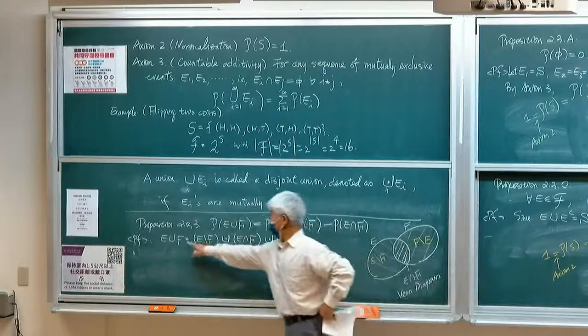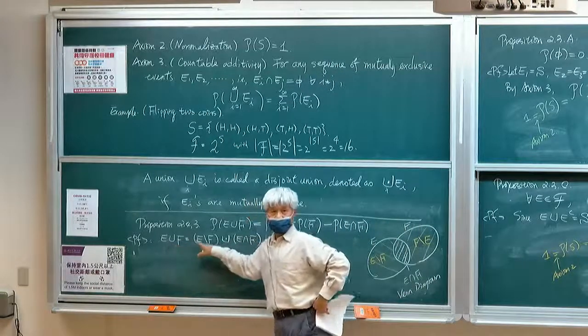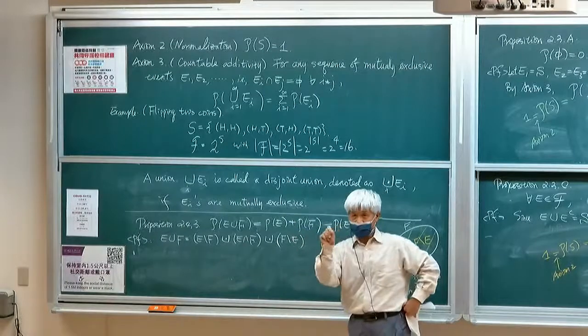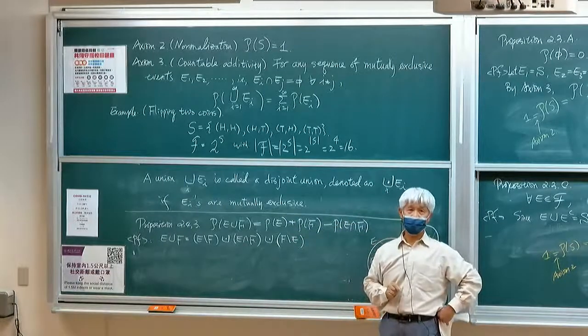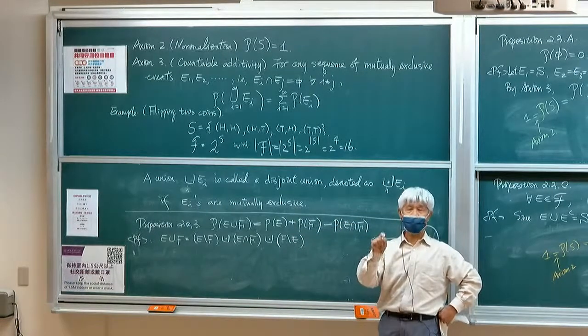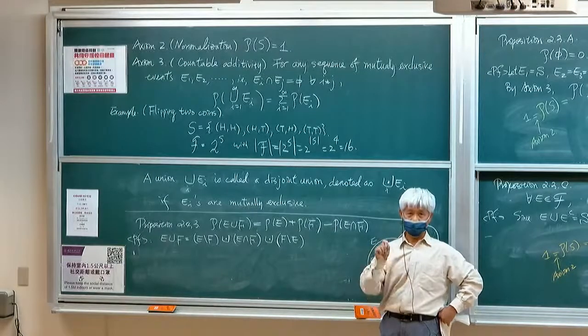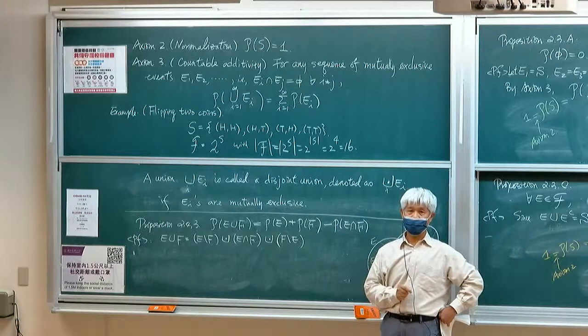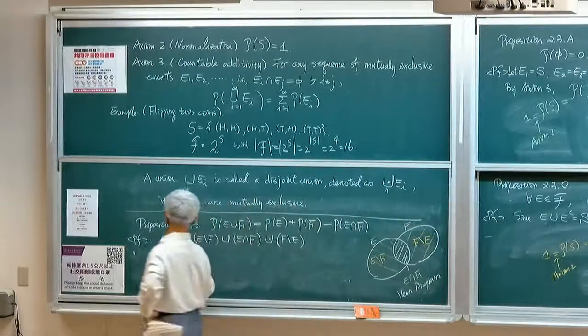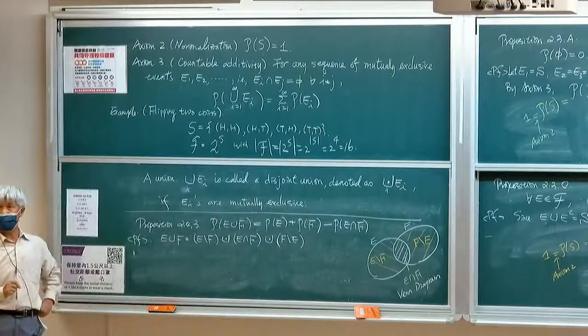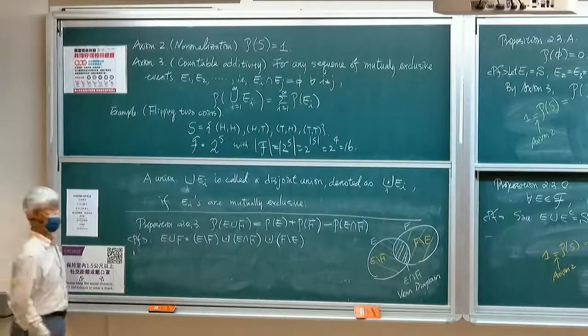So this union can be expressed as disjoint union. Means union of mutually exclusive events. Okay? Question? No? Okay, good.